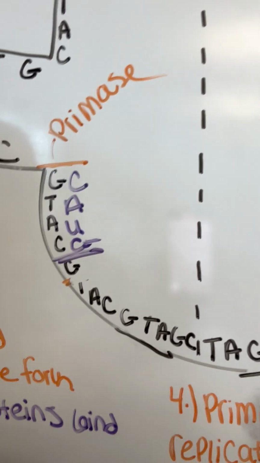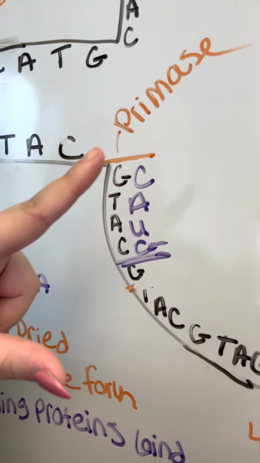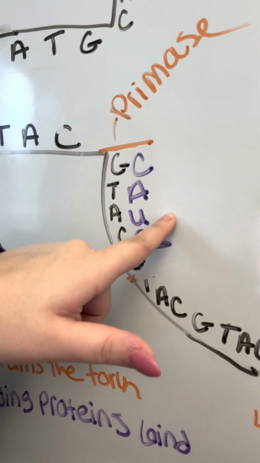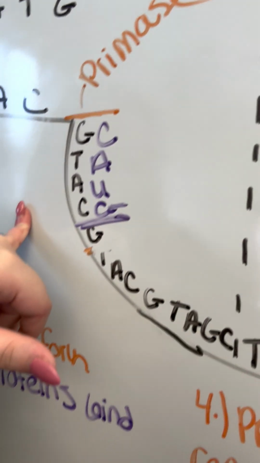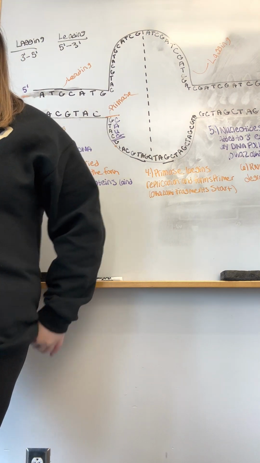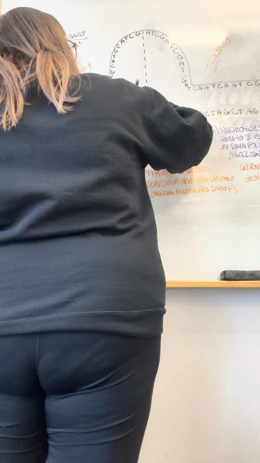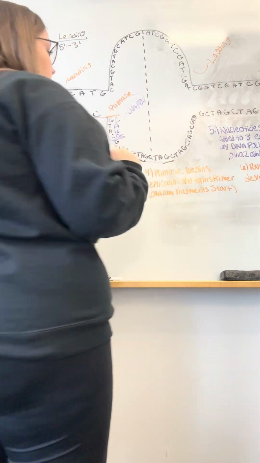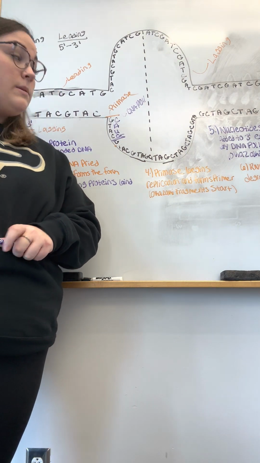So this guanine went to cytosine, this thymine went to adenine, this adenine went to uracil because we're doing RNA, and this cytosine went to guanine. So everything's the same besides adenine going to uracil at this point. We have that by DNA polymerase II. And Okazaki fragments are going to finish at this point.